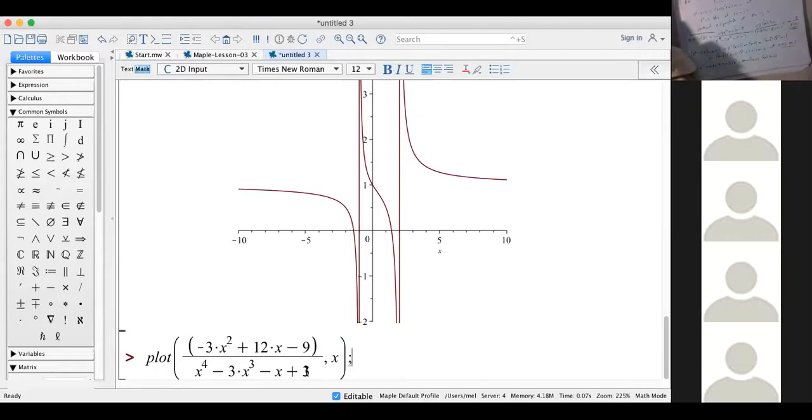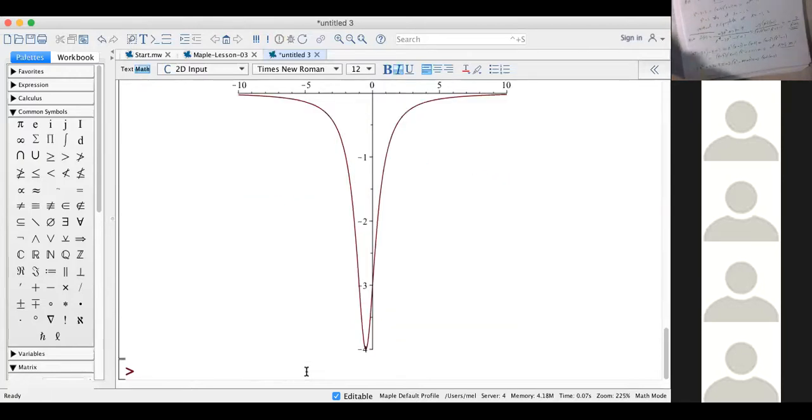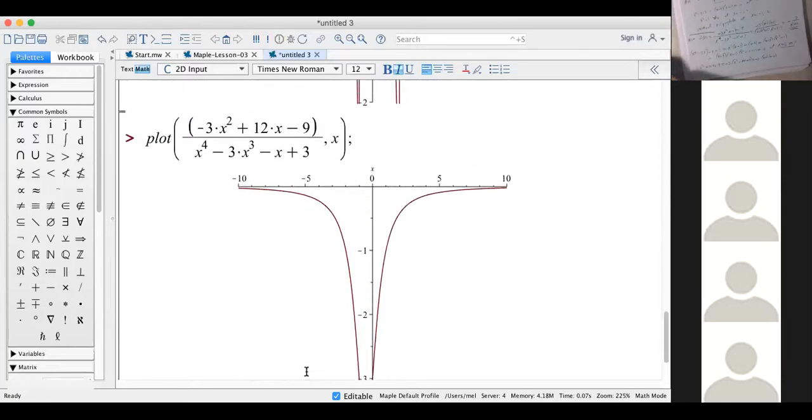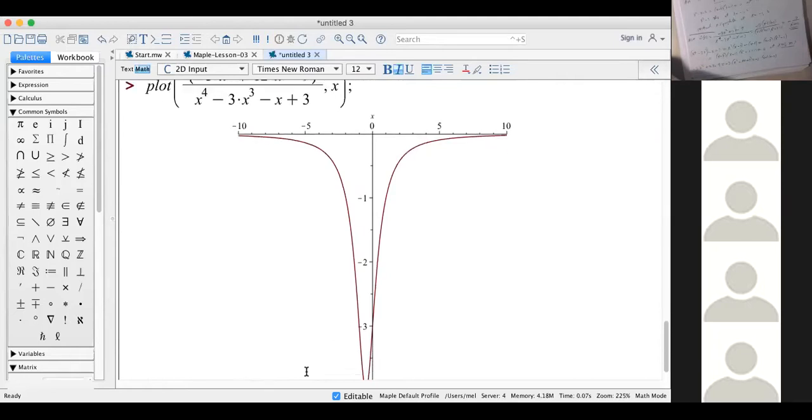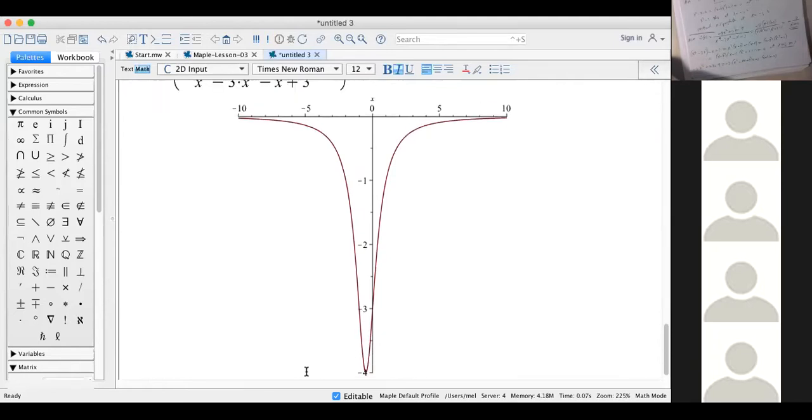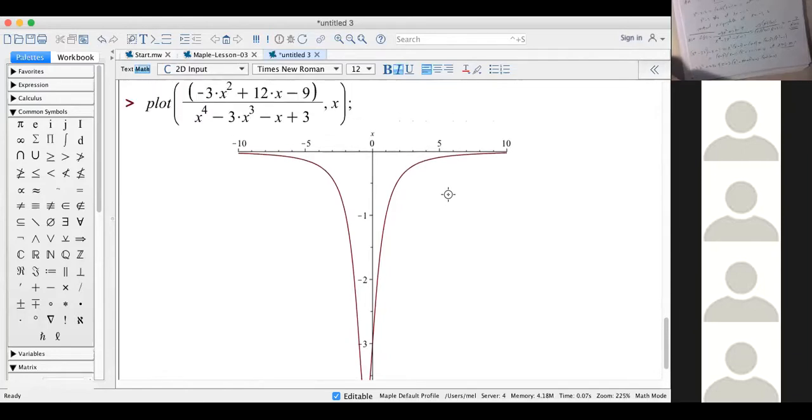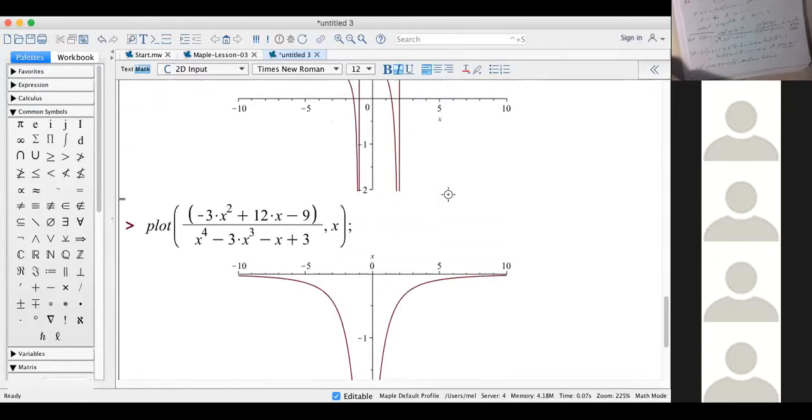And what I said is, if everything is correct, this function has no vertical asymptotes. And that's what the function looks like. No vertical asymptotes. Here it just comes down, turns around, comes back up again. And it's always negative. Very pretty function.